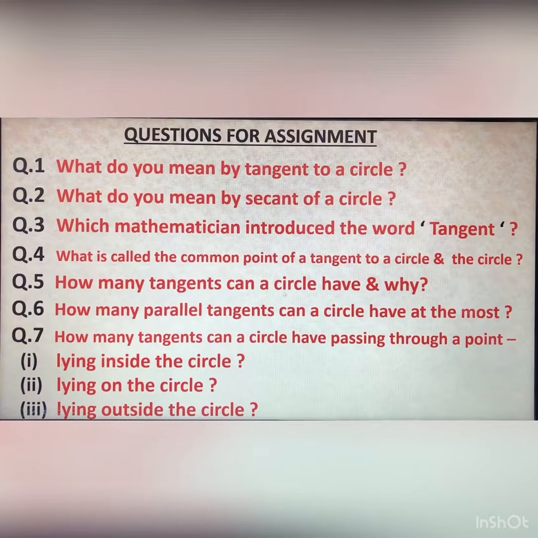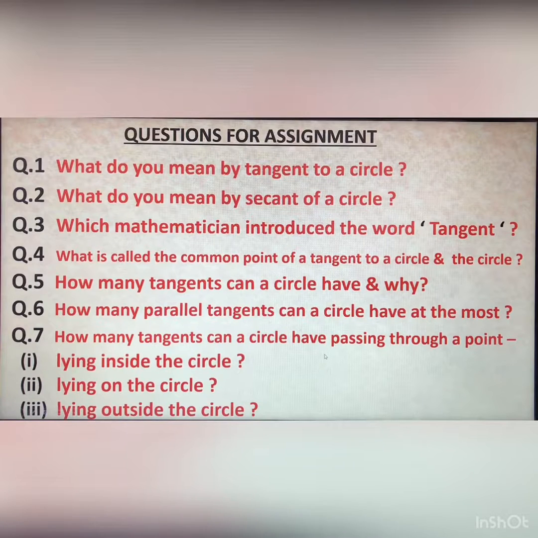And how many tangents can a circle have and why? There are infinite tangents you can draw to a circle, but at a point only one. How many parallel tangents can a circle have at the most? Only two parallel tangents. Now how many tangents can a circle have passing through a point?